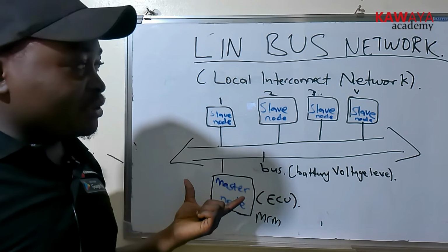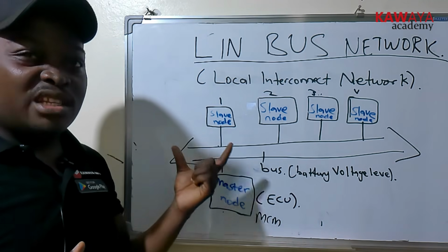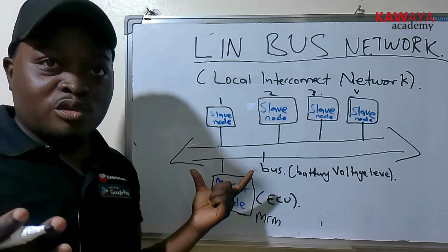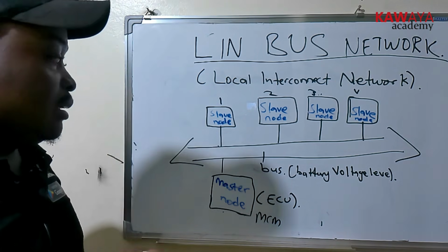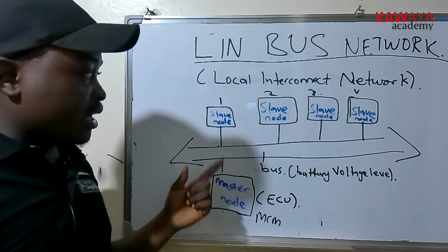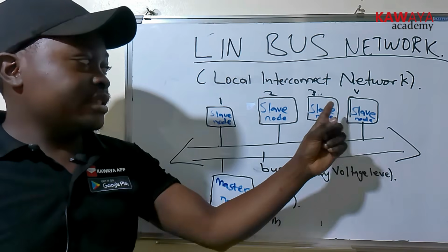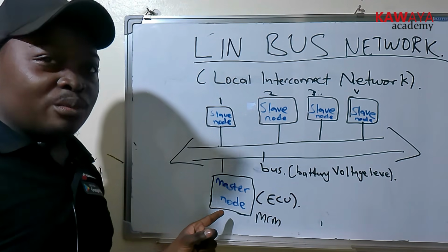So this is a simple system. Unlike CAN bus, this one is less expensive. That is why it is economically friendly to be used hand in hand with CAN bus. The way this can work with CAN bus is, for example, these are the doors, the slaves are the doors, and this master node is the door control module.